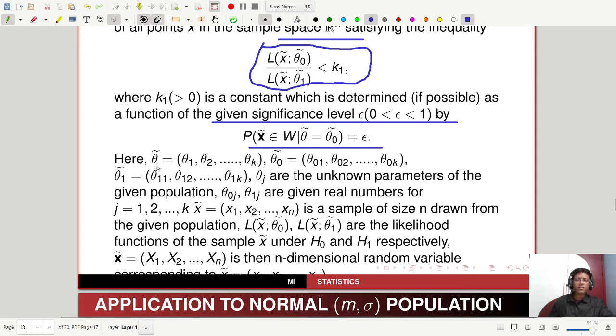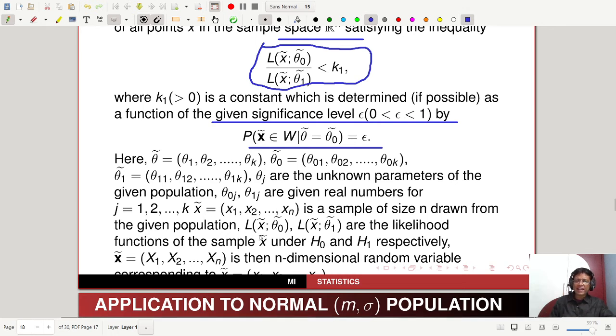And tilde theta is a sample point, a k-tuple of real numbers. Tilde theta naught is not a sample point, it's a parametric point, sorry. And tilde theta 1 is also a parametric point. Theta j are the unknown parameters of the given population, which are given real numbers. This is already explained.